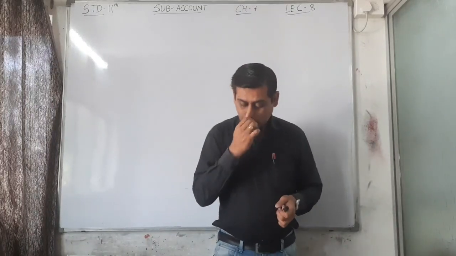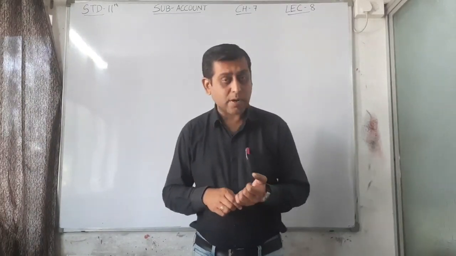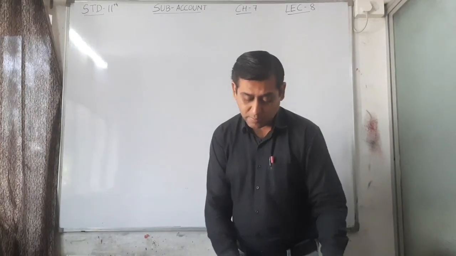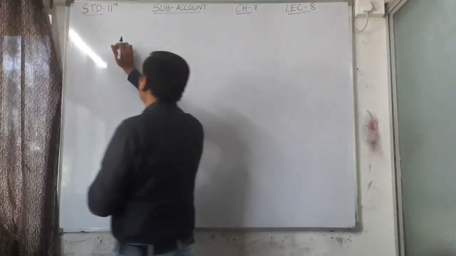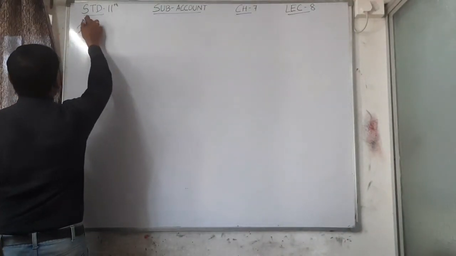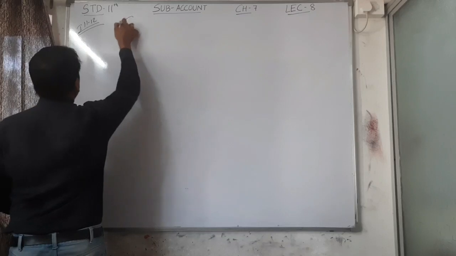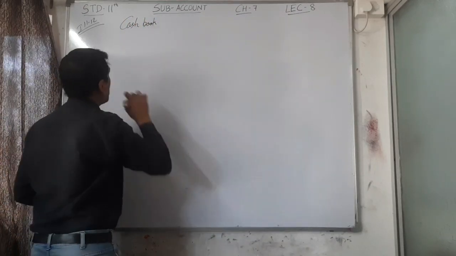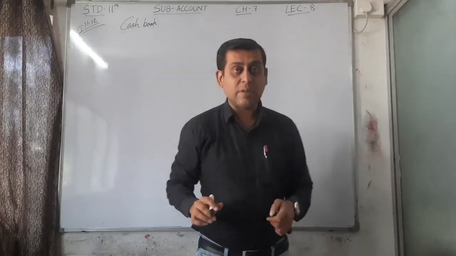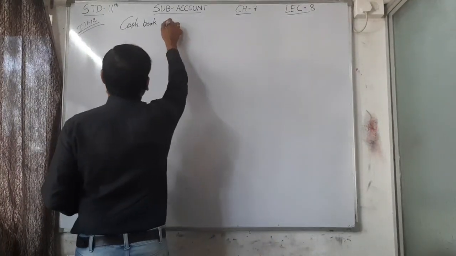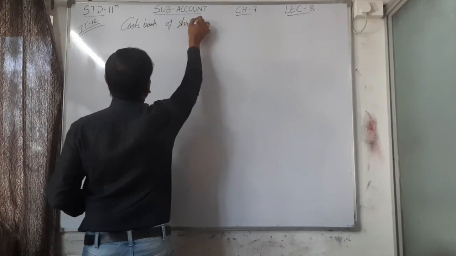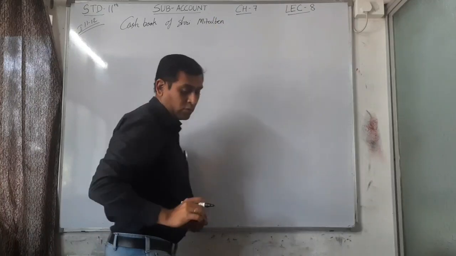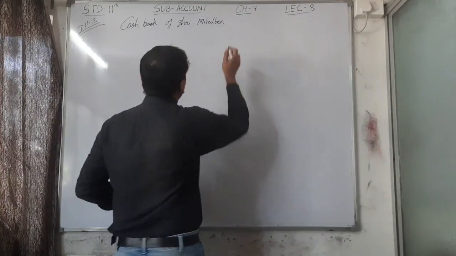Now we'll start illustration number 12. First of all, in the books of Shree Mittalben, cash book, illustration number 12, cash book of Shree Mittalben for the month of July.